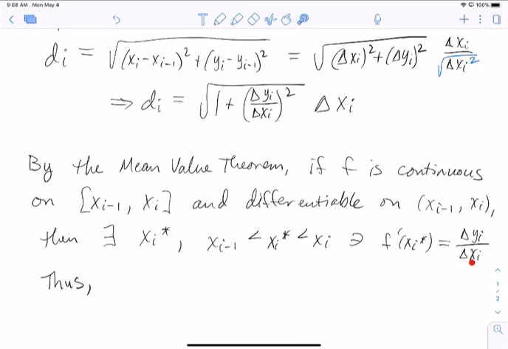Using that fact, and then letting all of the delta x sub i's be represented as the same length, we can write down that d sub i is equal to the square root of 1 plus f prime of x sub i star squared times delta x.